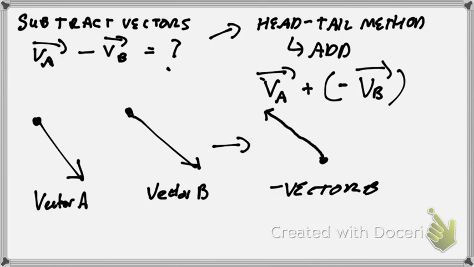So that would be negative vector B. If you were to add this, we could do the head to tail method.